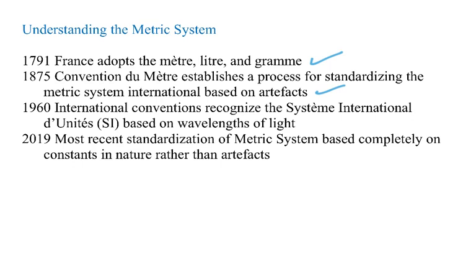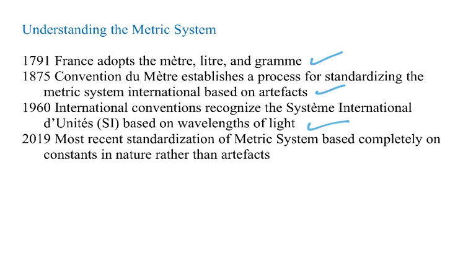The problem with that is that metal will expand and contract, and so it's not the most absolute precise measurement of a length. So in 1960, some international conventions created the Système International d'Unités, or SI system, in which the units of measurement for meters are based on wavelengths of light, something that is far more universal and immutable than the length of a bar.